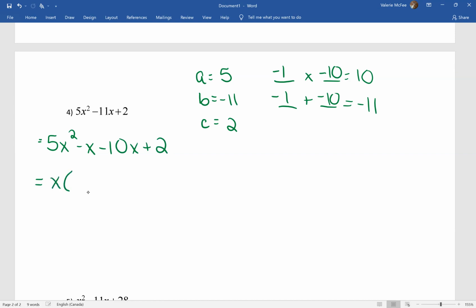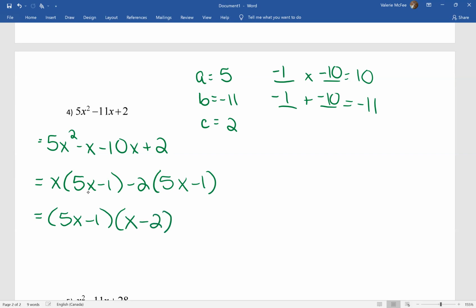X is common in the first group. -2 is common in the next group. So now we see that 5x minus 1 is common, multiplying x minus 2.